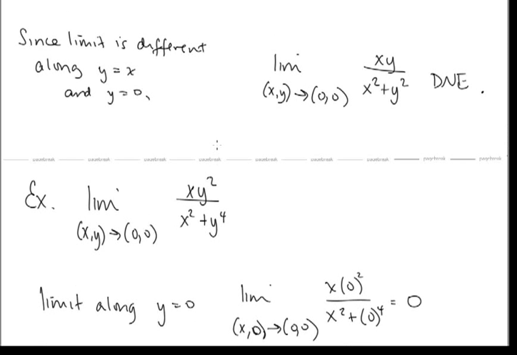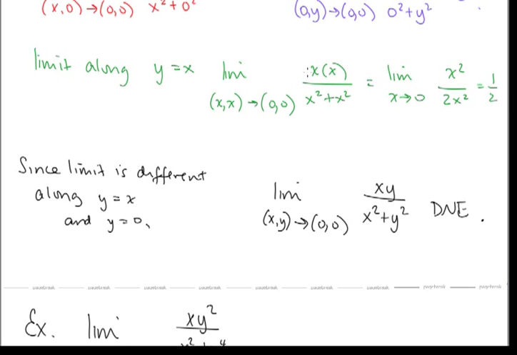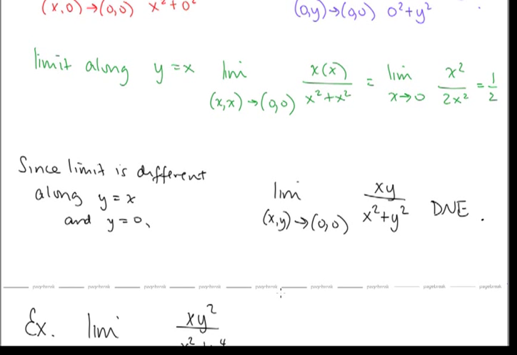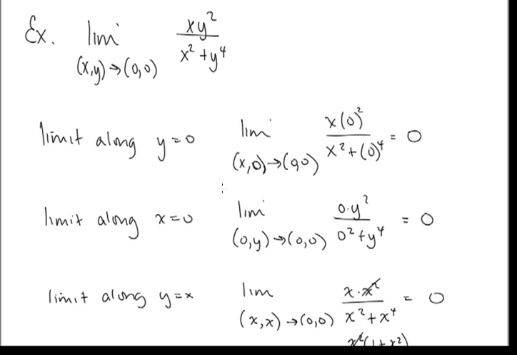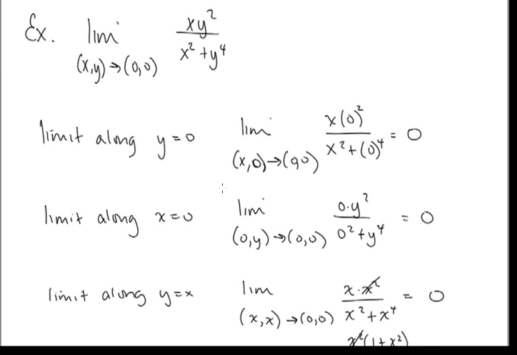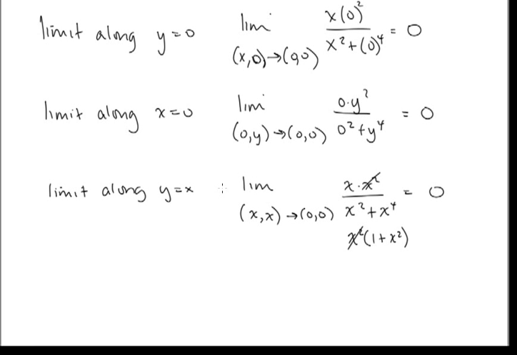So if we want to get something similar to what happened here, where our denominator adds up and simplifies with our numerator, we're going to need x to equal y squared. If x equals y squared, then we're going to have y to the 4th plus y to the 4th in the denominator, and then we can do some simplifying. So let's take the limit along x equals y squared and see what that gives us.